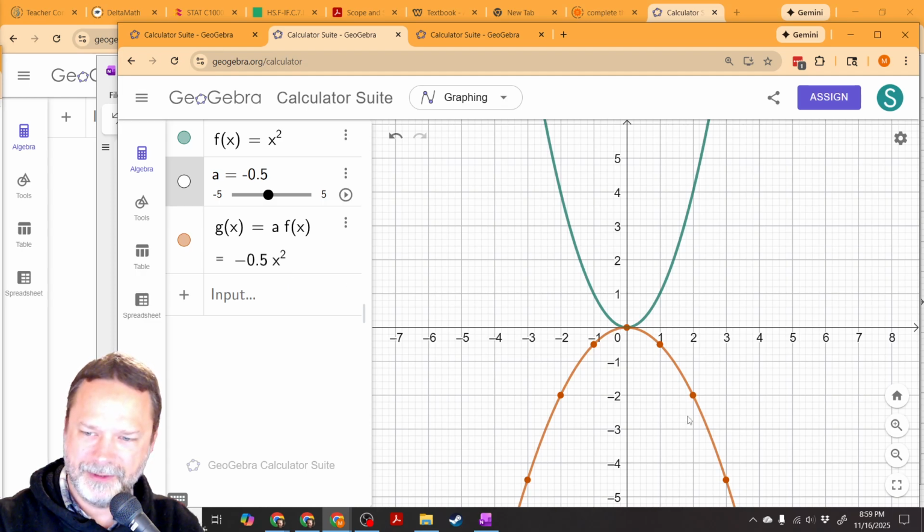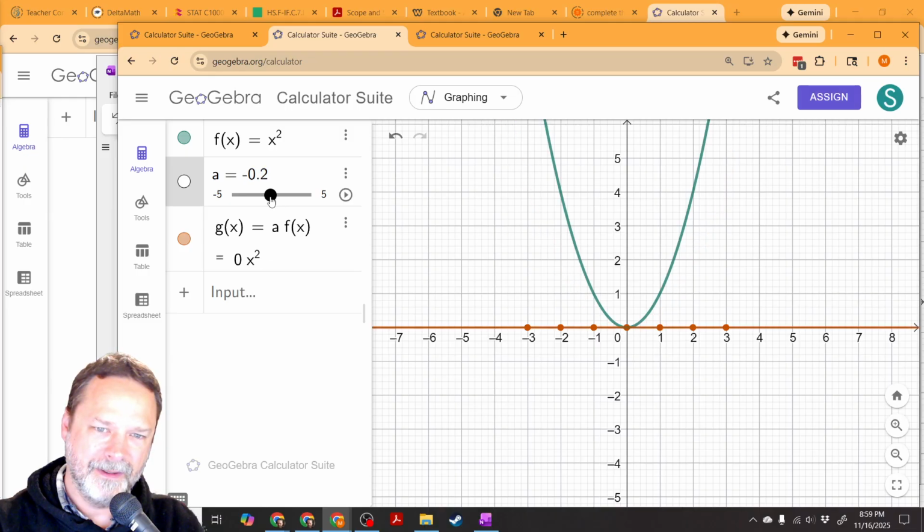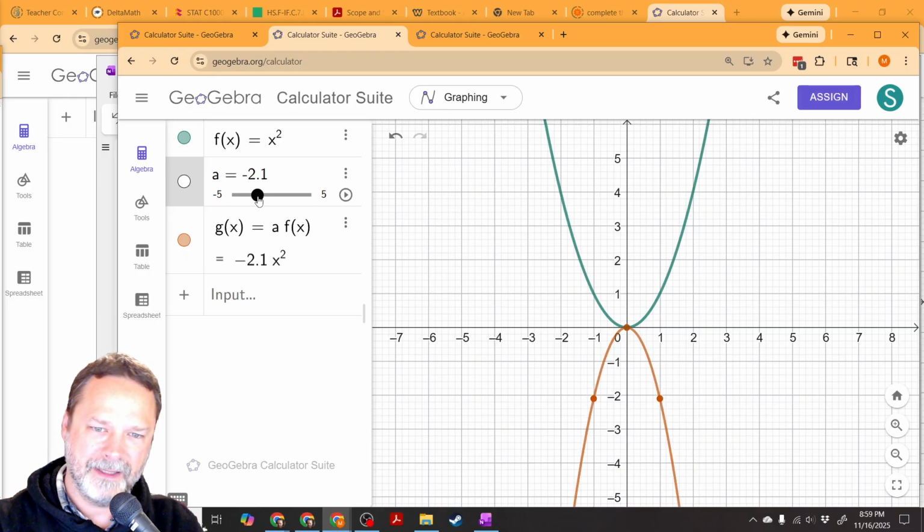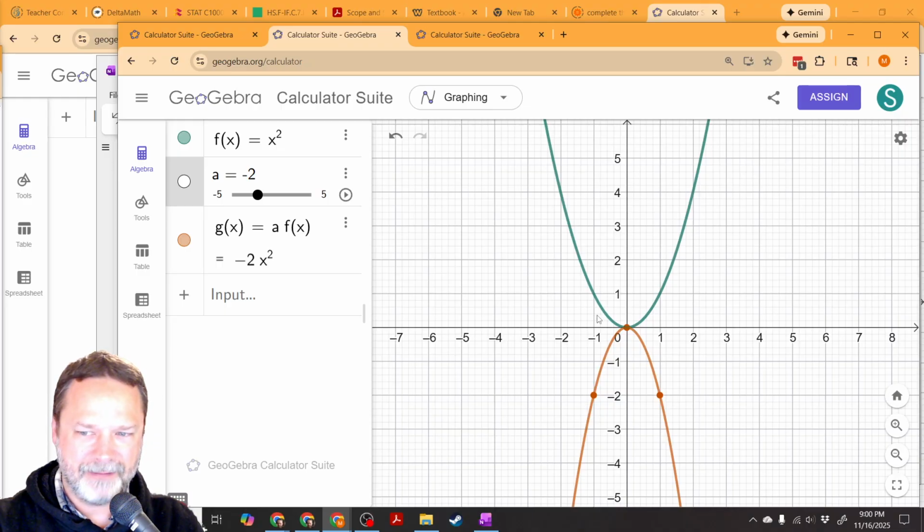That's what our orange is right now. The negative is that reflection, and then 0.5 is the compression. We can go negative 1, which is simply negative x squared, so it just flips it, but negative 2 means it's flipped, and those values are again traveling along the y twice as fast as they were before.